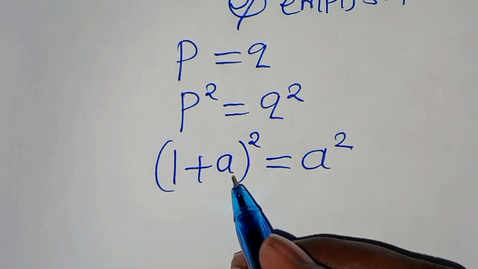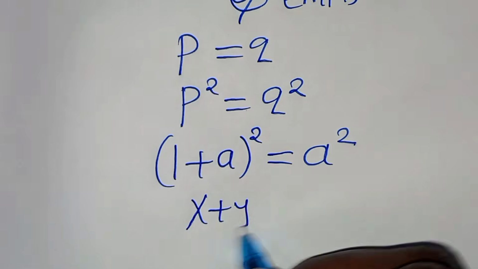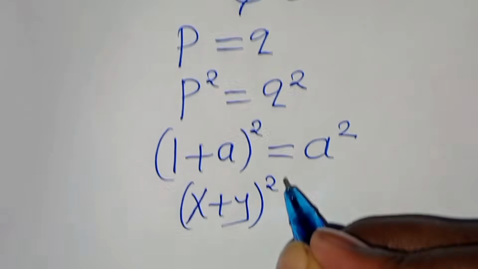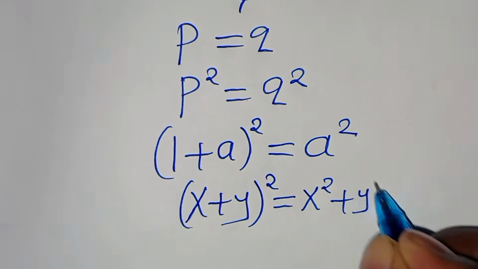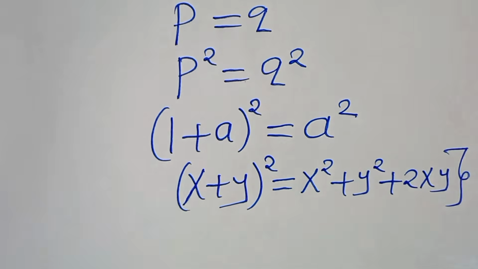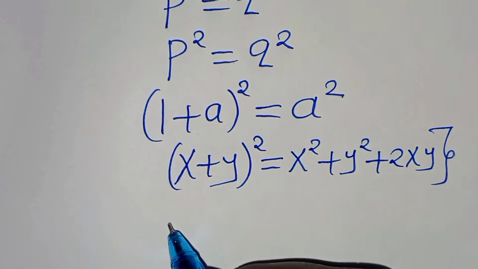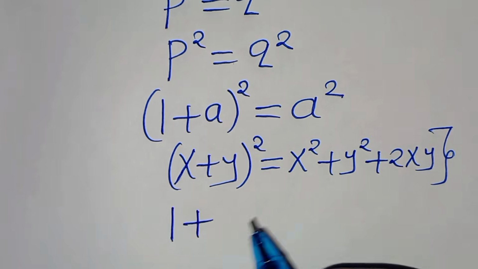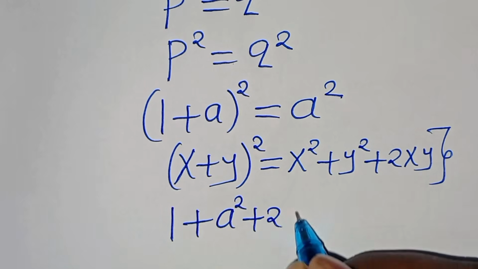Now (1 plus a) to the power of 2 is in the form of (x plus y) raised to the power of 2, which we can express as x to the power of 2 plus y to the power of 2, then plus 2xy. Applying this algebraic identity, here we have 1 squared is 1, plus a to the power of 2, then plus 2a.